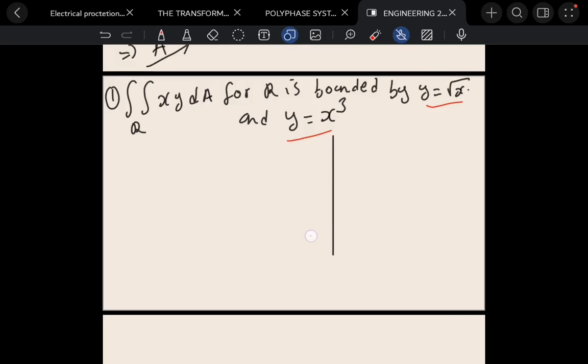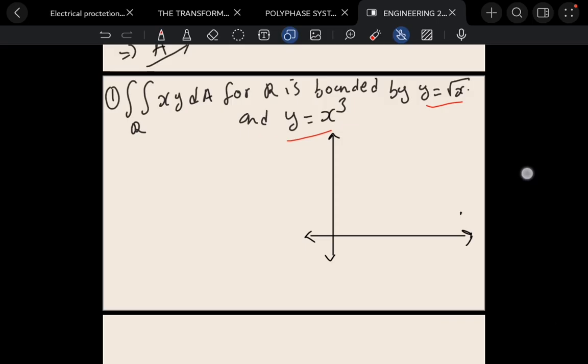The most important thing here is the region, right? I know most of you don't know how to draw regions, but you need to draw this region anyway. So how would you draw this?